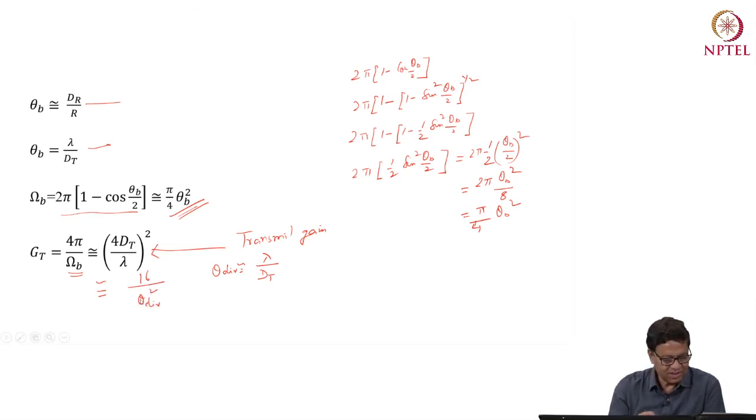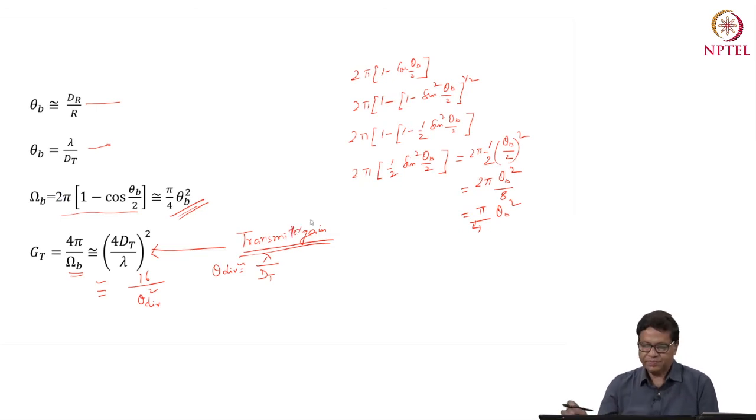So this is another equivalent expression for gain. If theta divergence is given, you can calculate straight away the transmit gain. And if transmit aperture is given, then you have to put the value of dt here and then get the value of the transmitter gain. So this is the transmitter gain.